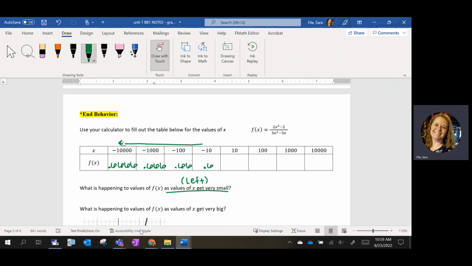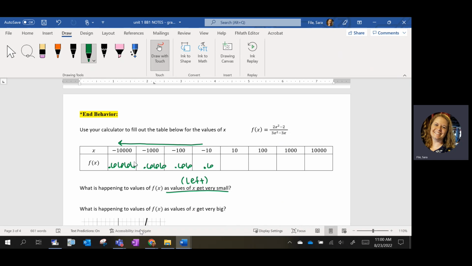Okay, so as x gets really small, what's happening to these values? So starting at 0.6, what's happening as I go more and more to the left? It is increasing very, very little by little toward what number though? How is the number changing?